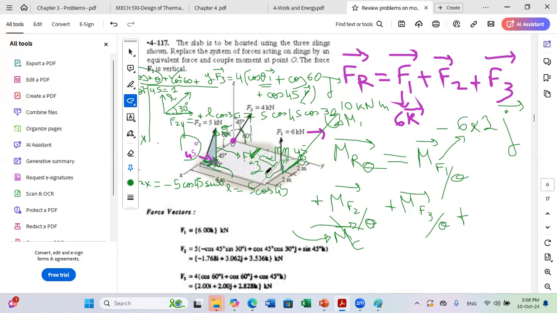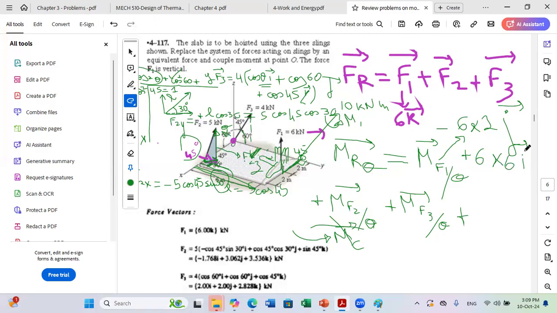You will see that your thumb will point in positive X. So it's plus the magnitude of F1, which is 6, times the distance to X. This perpendicular will give you the distance to X, which is given to be 6 meters. So this is along I. And as we said, the force is parallel to Z, so no moment about Z. So now we got the moment of F1 in a simple way, and F3 has 0 moment.